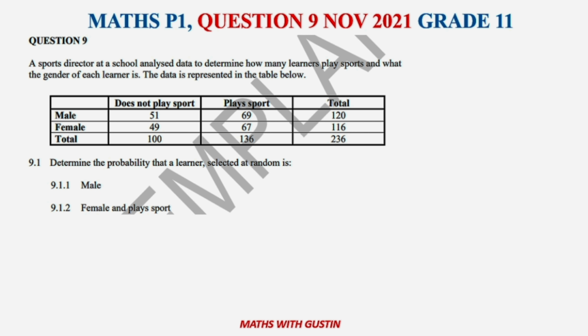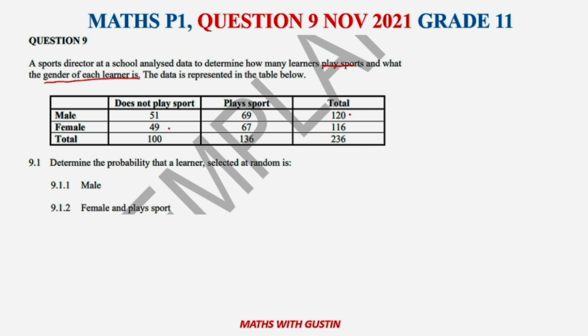A sports director at a school analyzes the data to determine how many learners play sports, and what gender each learner is. The data is represented by the table below. What we have here, we've got males that are 51 and do not play sports, and those that play sports is 69, and therefore the total males is 120.